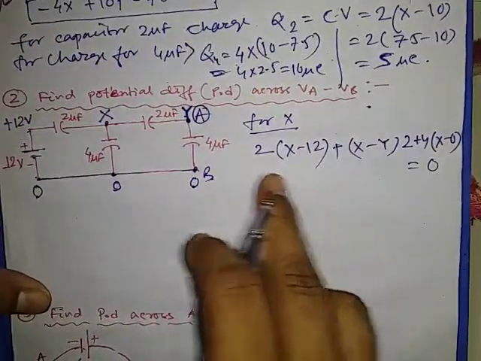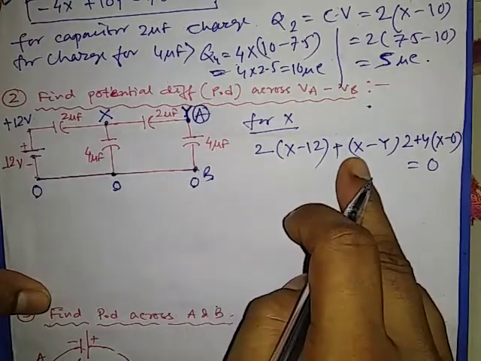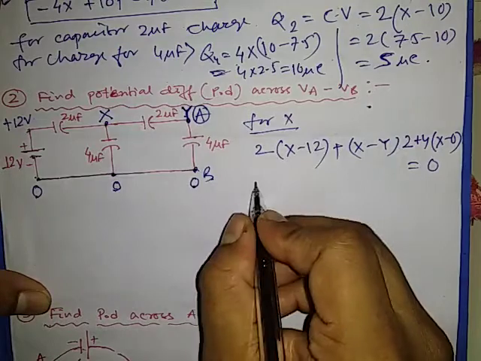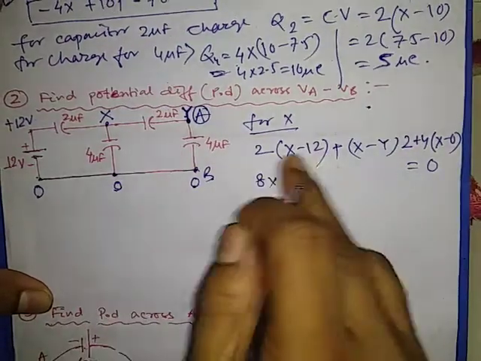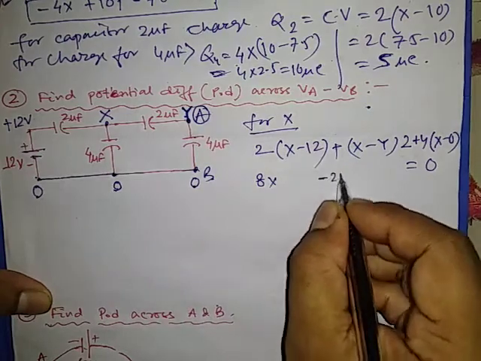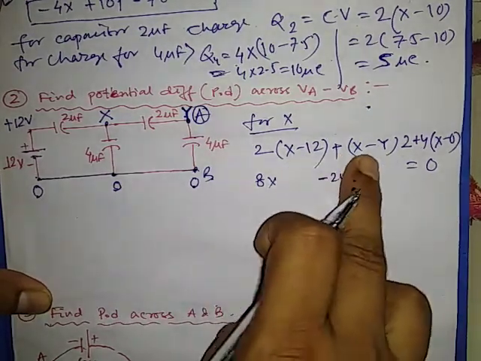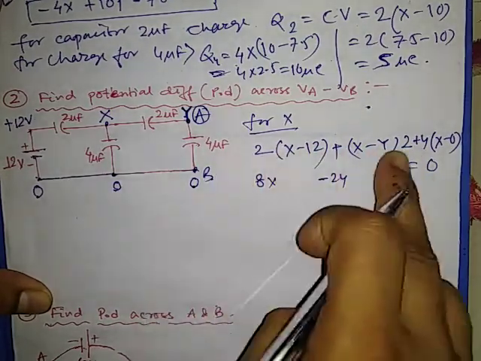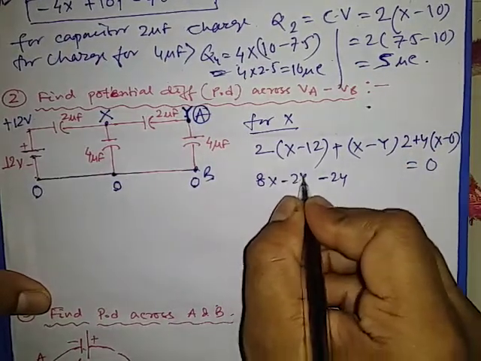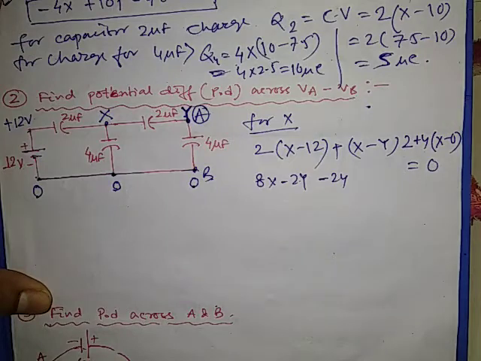So you are getting 2x plus 2x plus 4x, which means 8x minus 24, and y, only 2y, so minus 2y. So this is your equation, right?